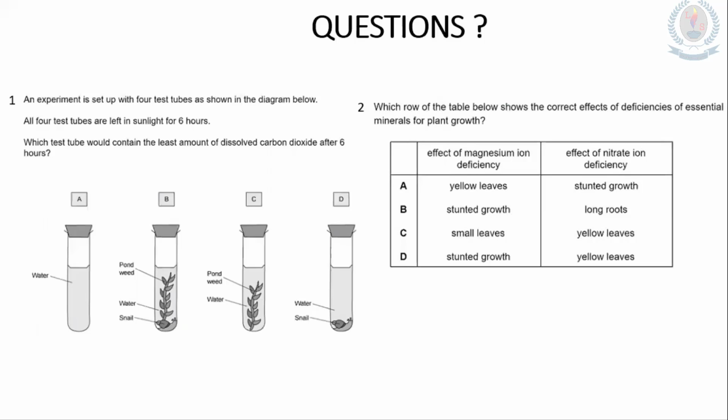But in B and D, we can observe a snail. During respiration, they produce carbon dioxide, so in test tubes B and D there may be a high amount of carbon dioxide dissolved in the water. So obviously the answer should be C. That is how we normally pick answers.